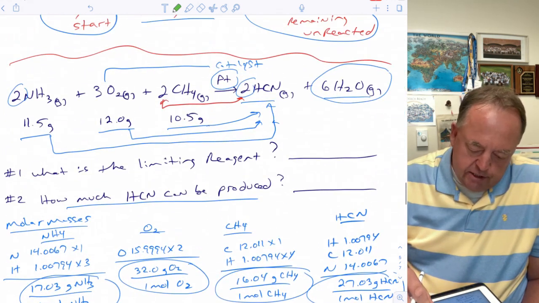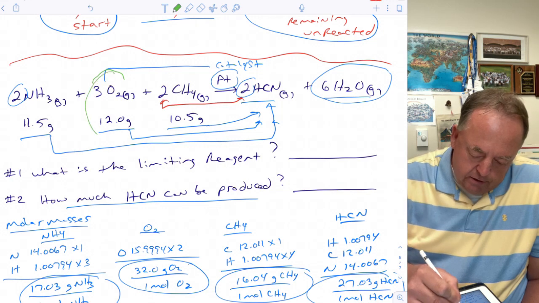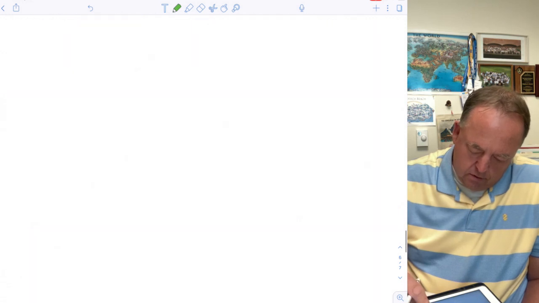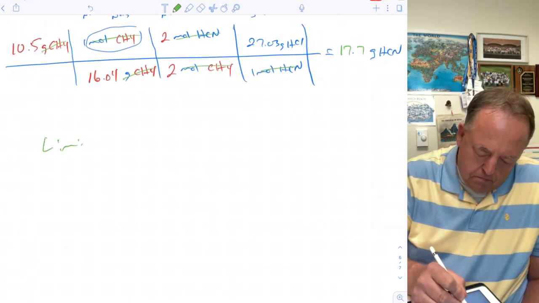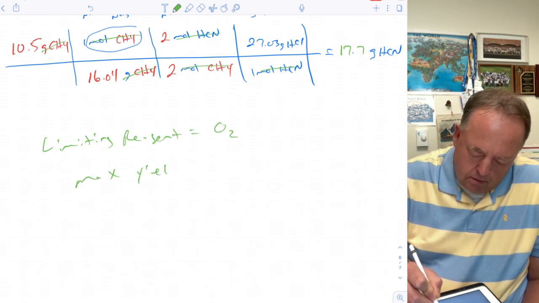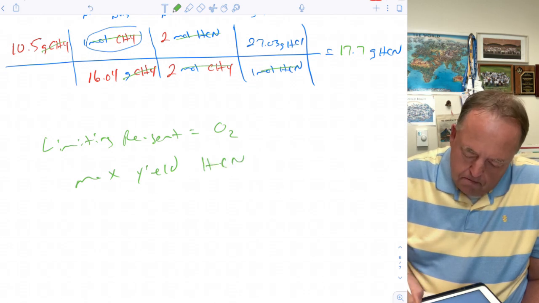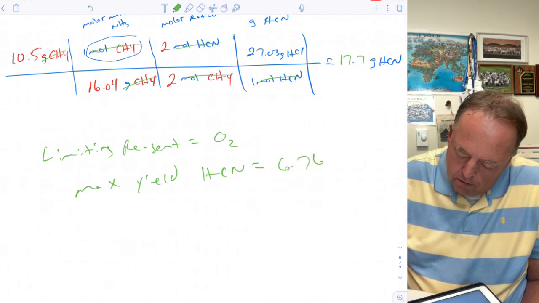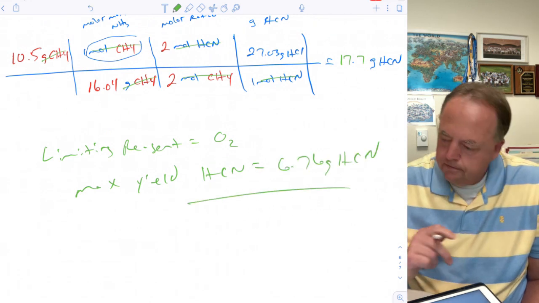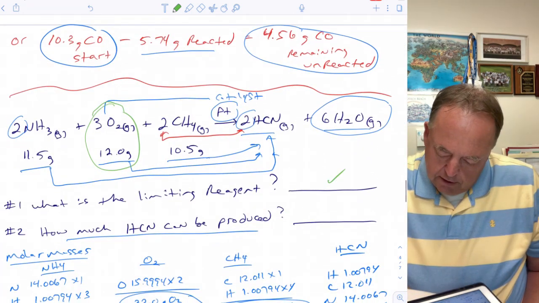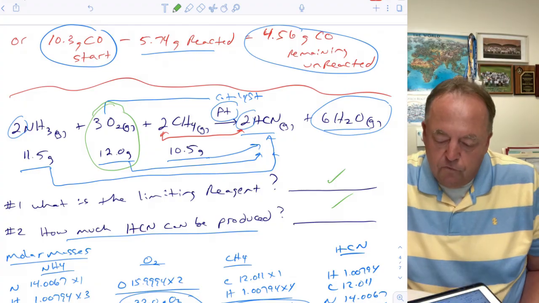So your limiting reagent in this problem is the 12 grams of O2, and the maximum yield is 6.76 grams. Okay, and that's it. We answered the 2 questions that we set out to answer. Hopefully that made sense.